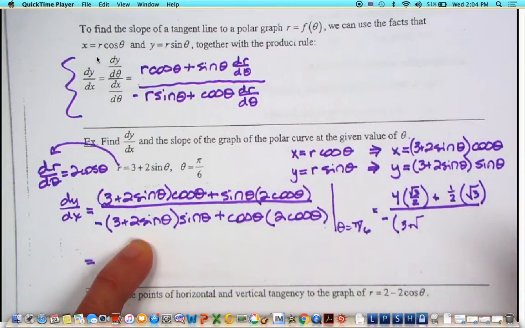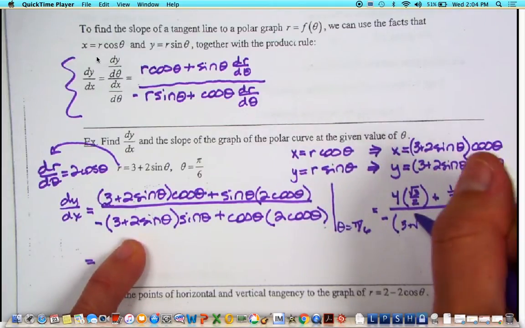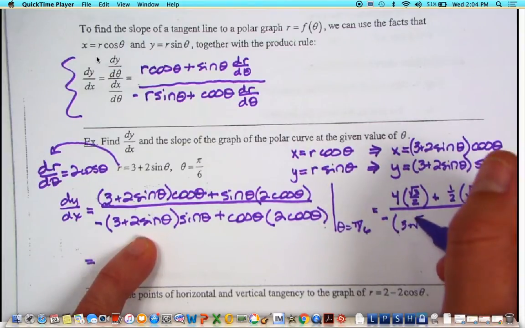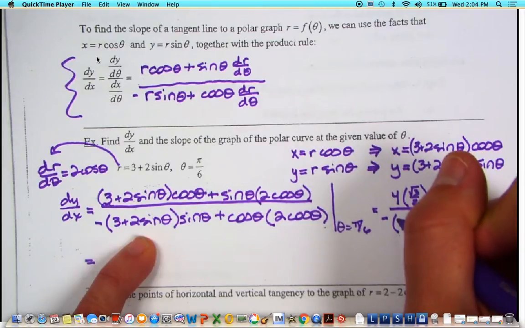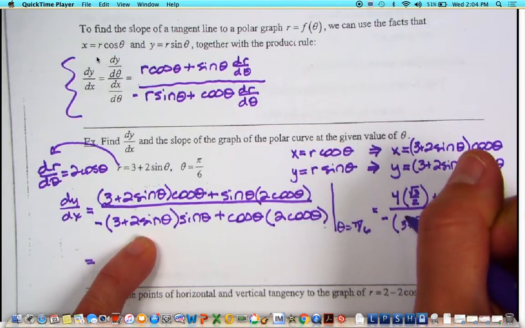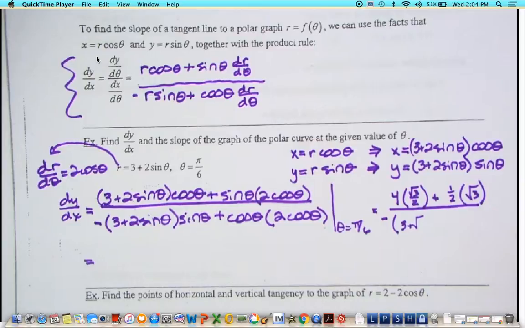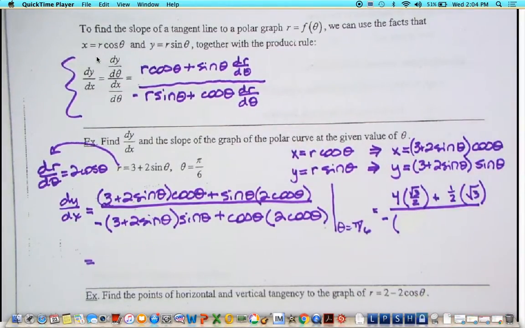Isn't it the same as the thing on top? No, it should just be sine of pi/6. Hang on, I'm sorry, it's 1/2.